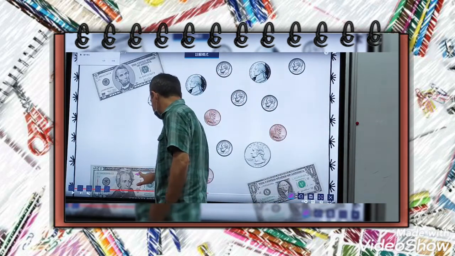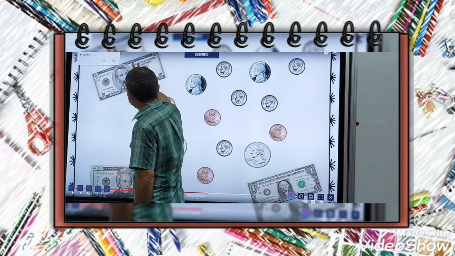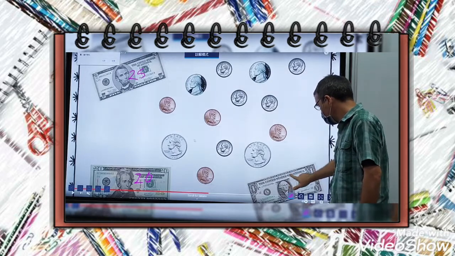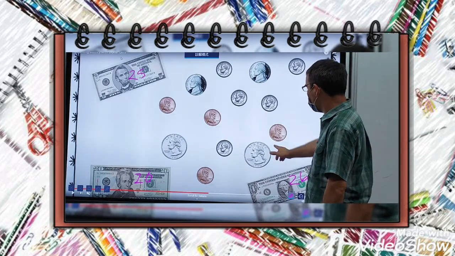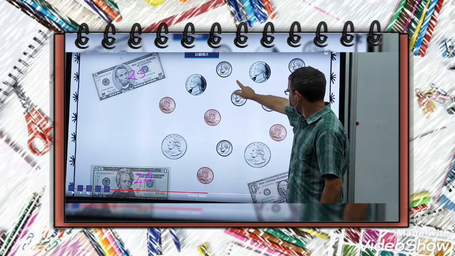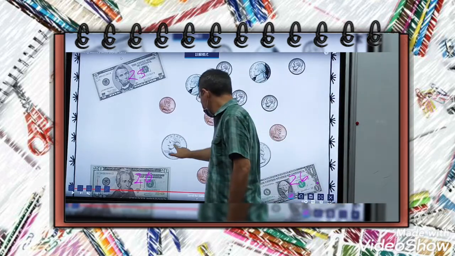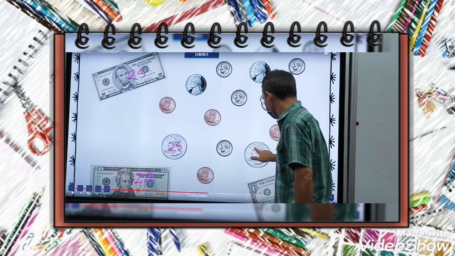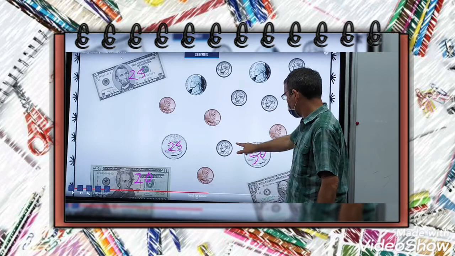You have 20, and then plus 5, 25. Plus 1 is 26. And now your coins, you have 2 quarters, and you got your dime, your nickel, and your penny. So that's 25 cents, 50 cents.